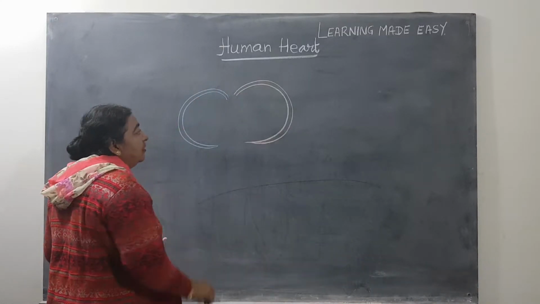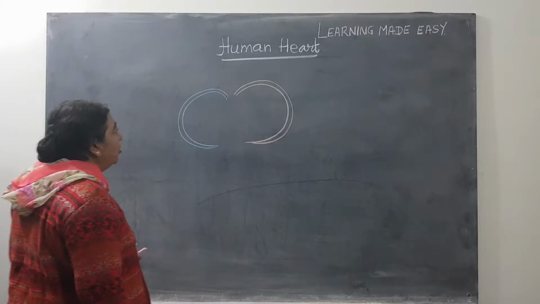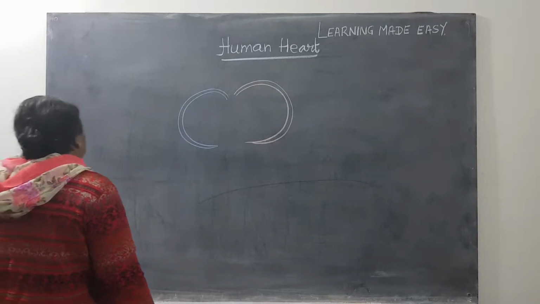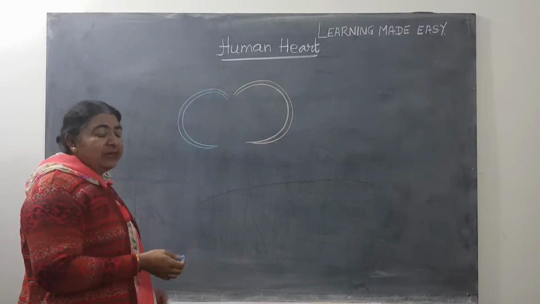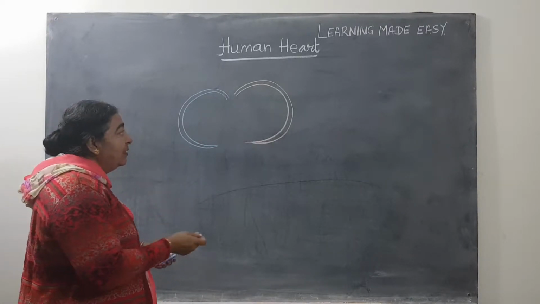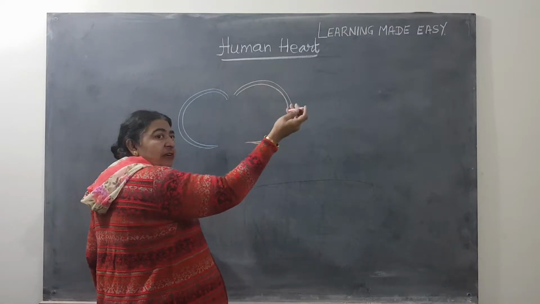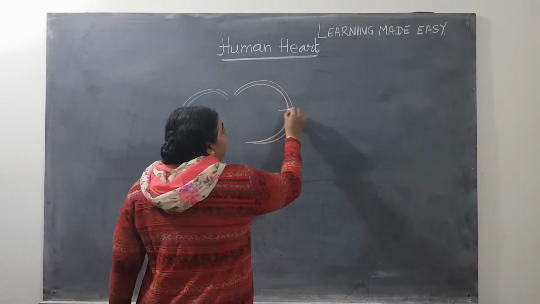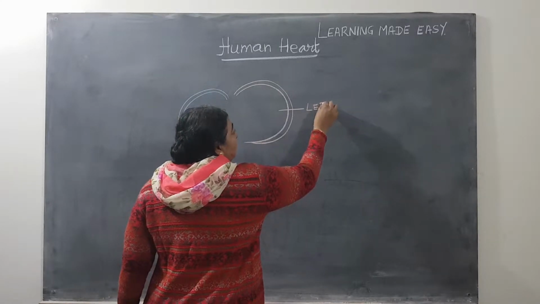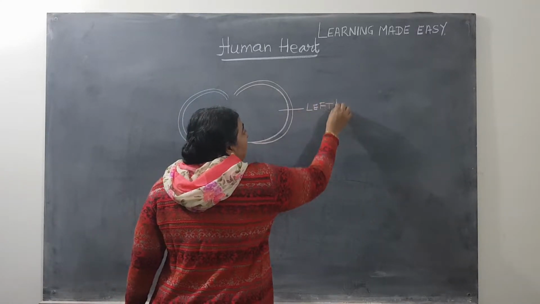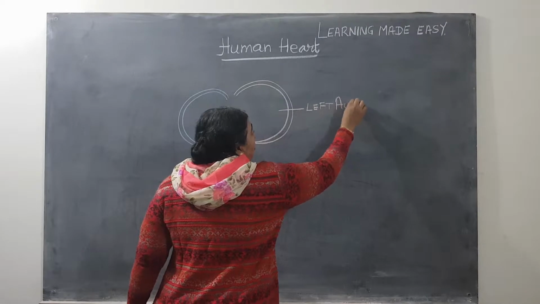Another very important thing which students may not be knowing is the structure, how we label it. When I label this portion that is on my right hand, I will be labeling it as left auricle.